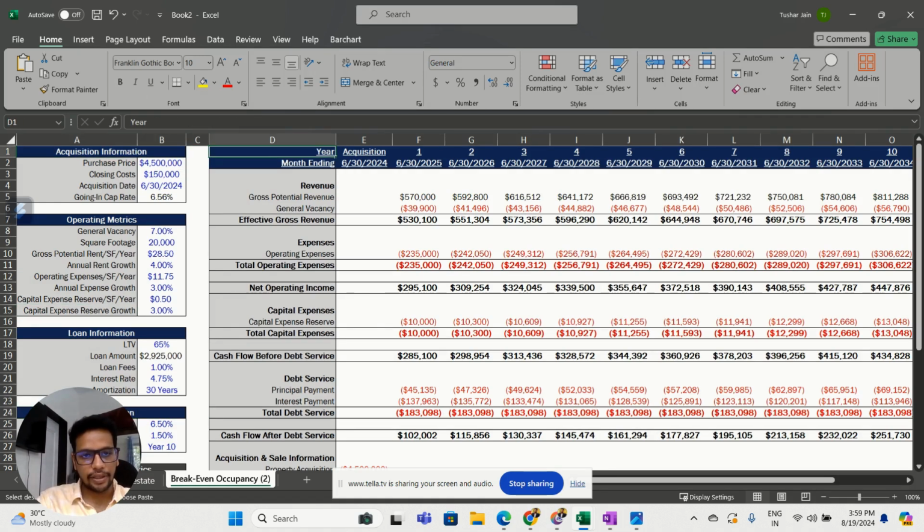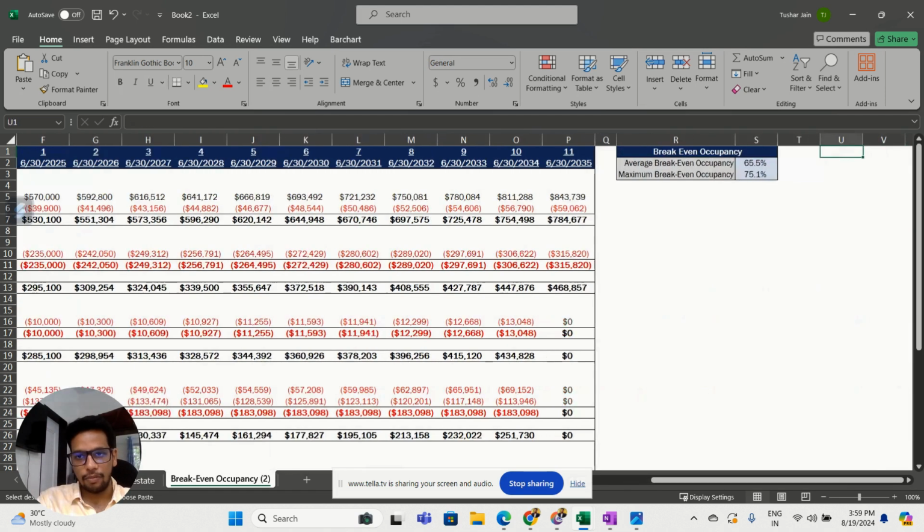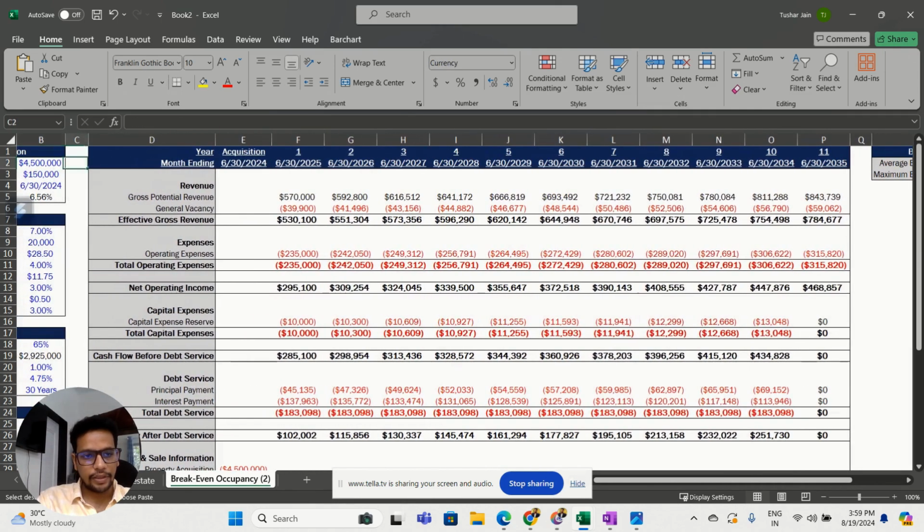On the right side of the Excel sheet, we can see that we have a pro forma for 11 years, which includes the gross revenue we'll be earning from the property for all the 11 years. Then we have the vacancy levels. Thereafter come the operating expenses.